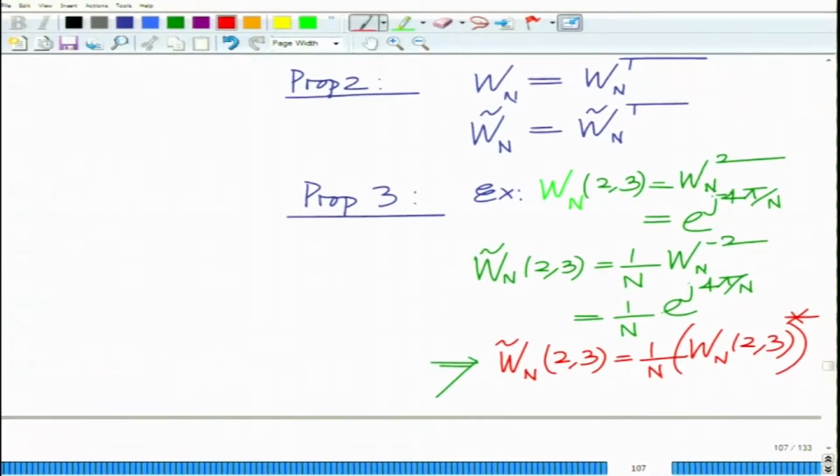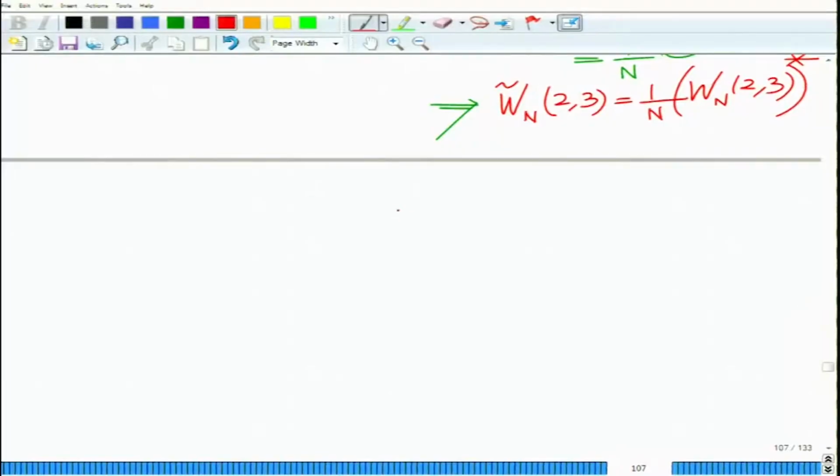Each element of the IDFT matrix is the corresponding conjugate of the element of the DFT matrix divided by capital N. So, you can say basically the entire matrix Wn tilde equals 1 over n Wn conjugate, and this is the interesting property.